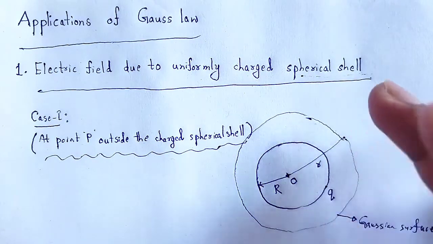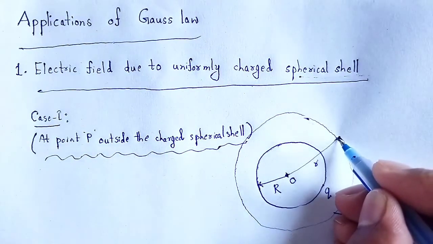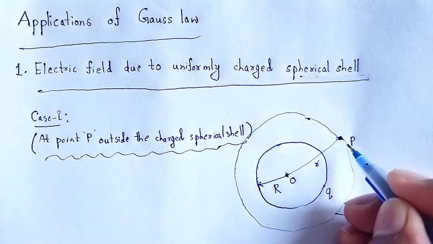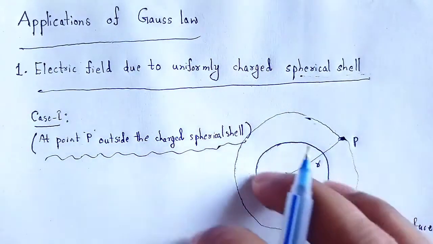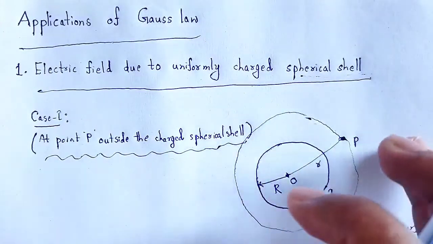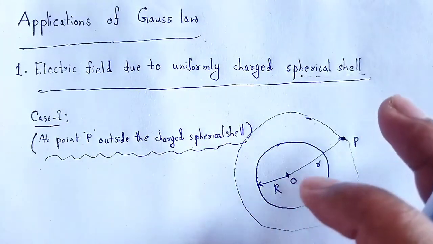Let the point P be on the Gaussian surface. Here is the point P on the Gaussian surface. This is the spherical one. Imagine it in 3D as the Gaussian surface.